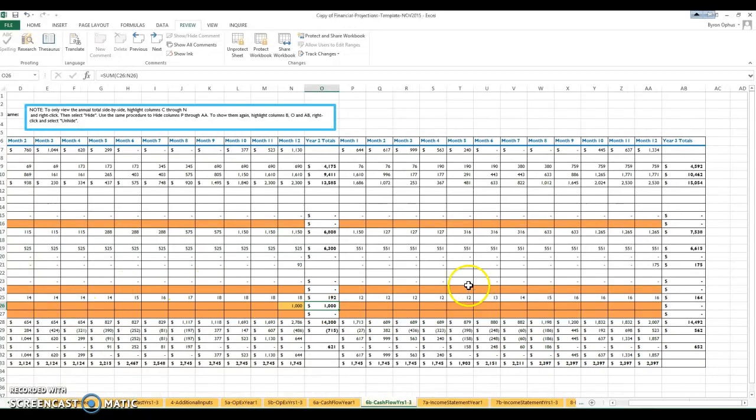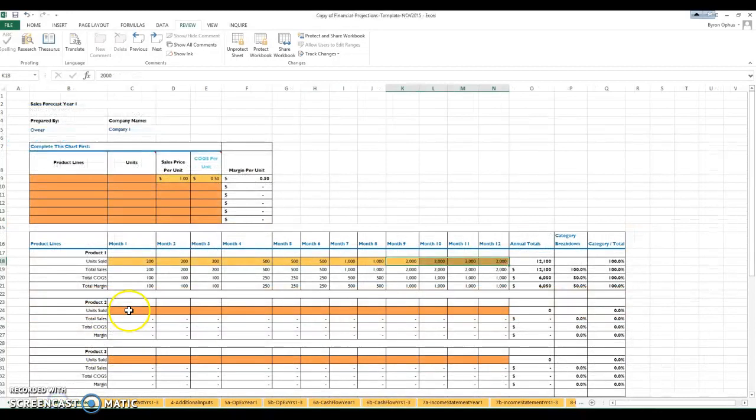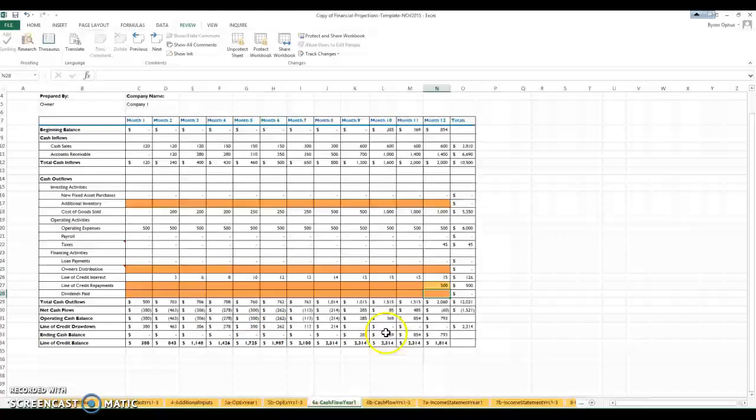Okay, but you will with your projections, hopefully. If not, again, you need to go back and redo it, like I would need to go back and redo it. I should go back and redo my sales projections, right, so that I would have a little bit more. Maybe if I went 400 here, maybe that'll be enough, right?